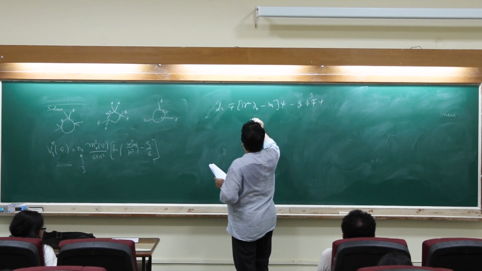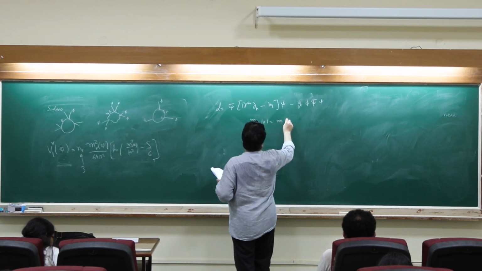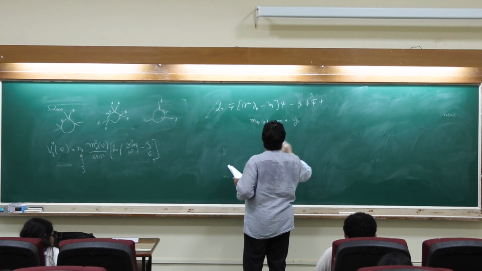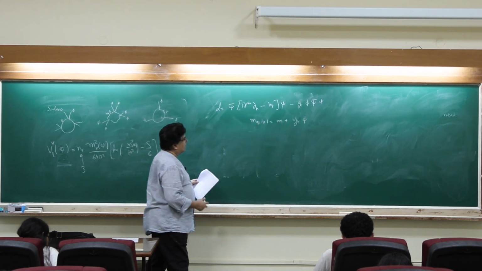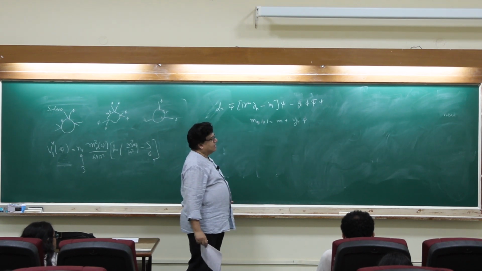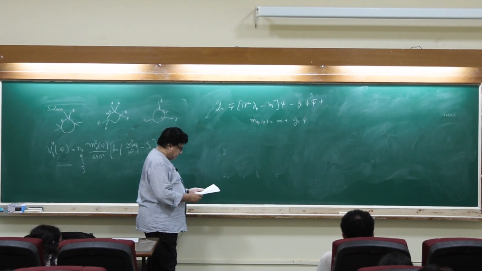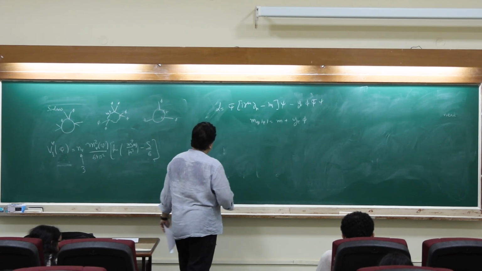So the effective mass is m plus y_t times phi. So there is a field dependence here, and you want to look for that formula with the dependence on this effective mass.